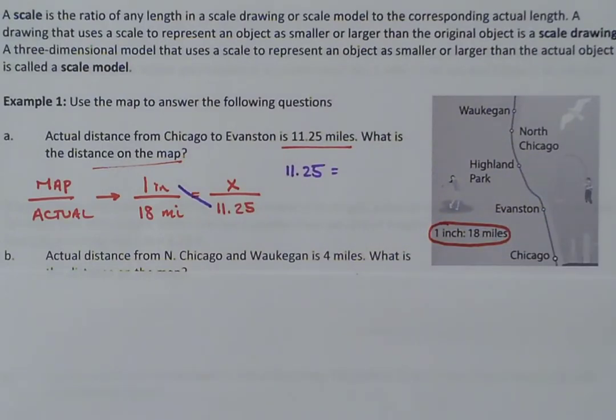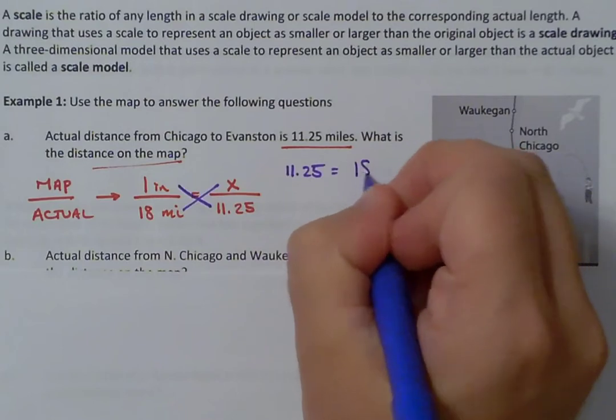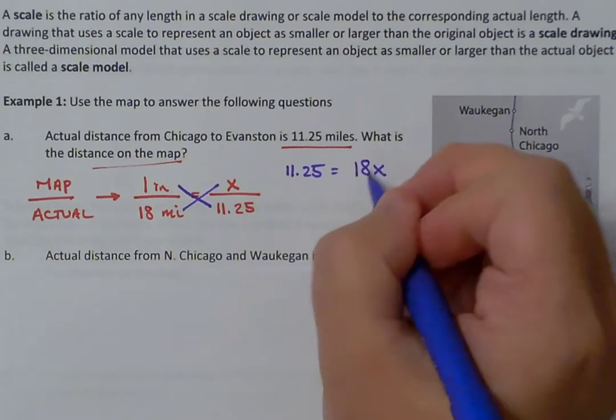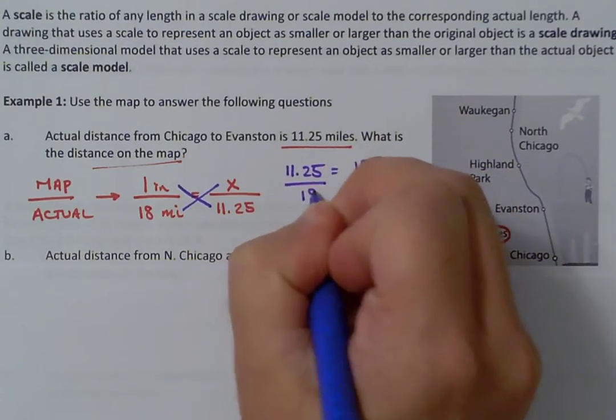And that is going to equal 18 times x, or 18x. So I now have 11.25 equals 18x. I then just need to solve this, and just like what we did above, to solve it we need to divide. So the inverse of what's happening is division. So we divide 18 to both sides.